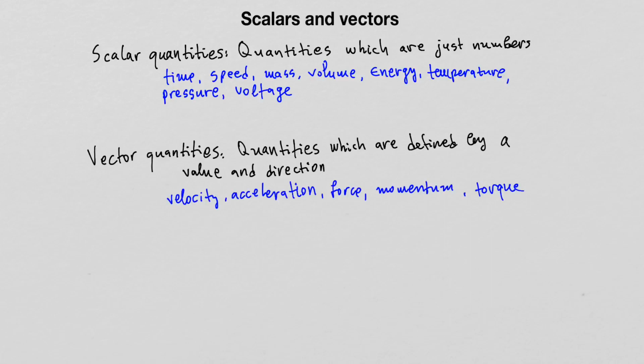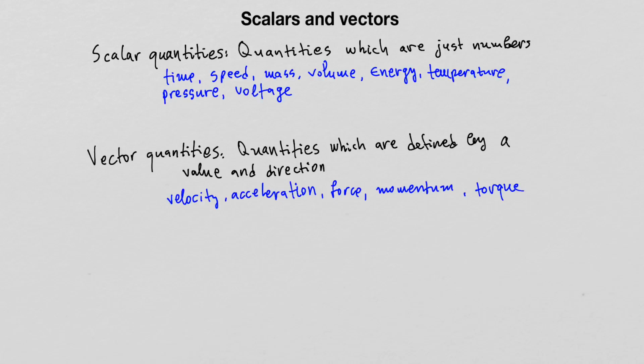In contrast, vector quantities are quantities which are defined by a value and direction. And so examples of vector quantities that we will encounter in the course are velocity, acceleration, force, momentum, torque, and so on and so forth.